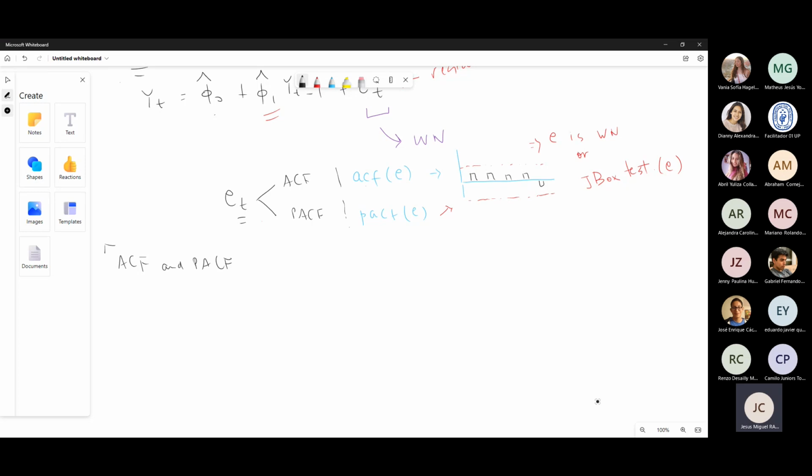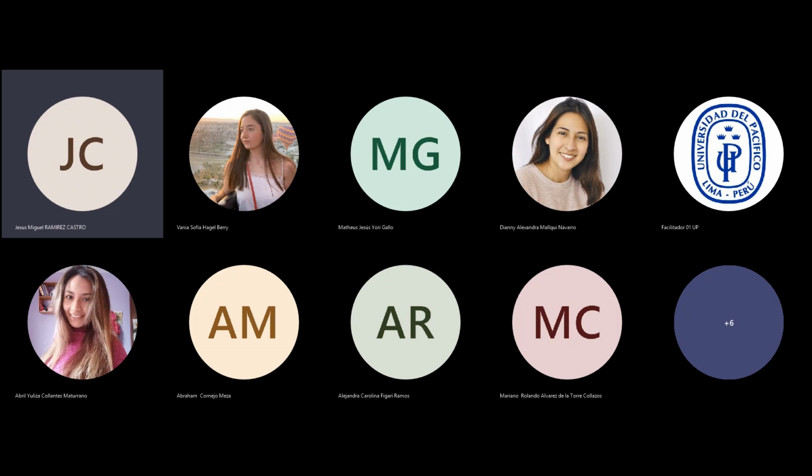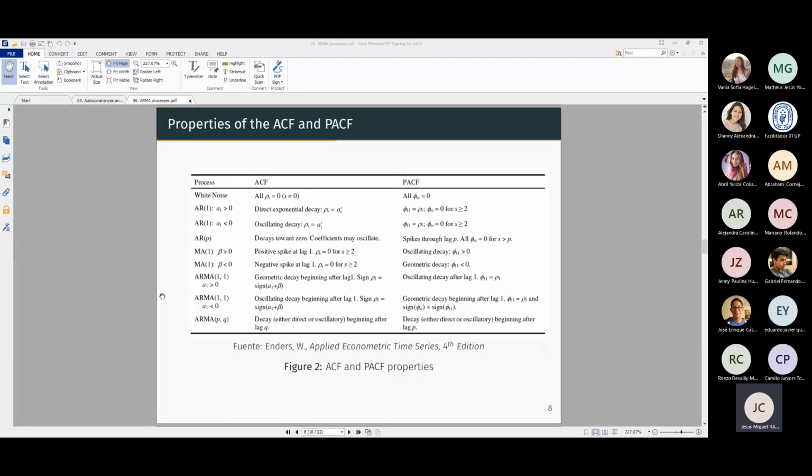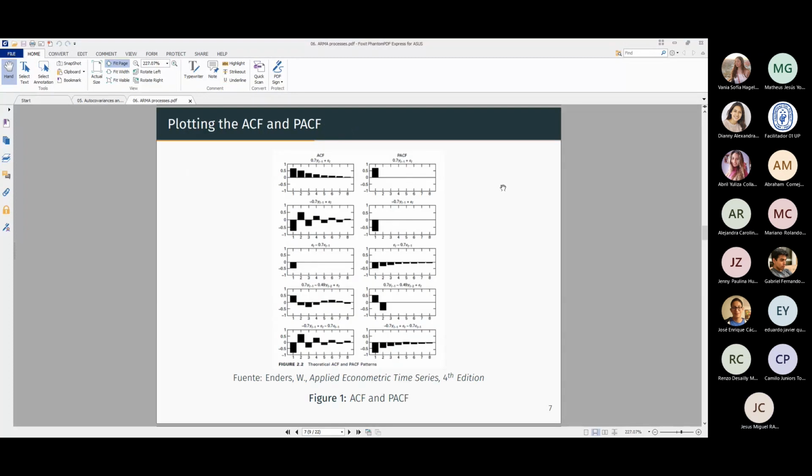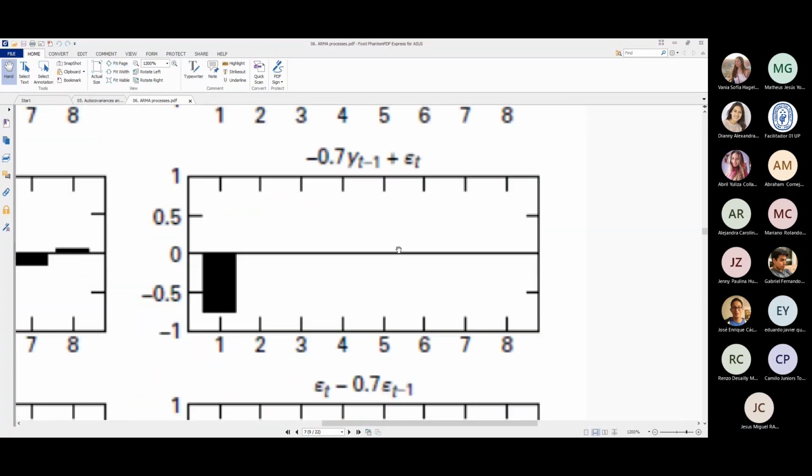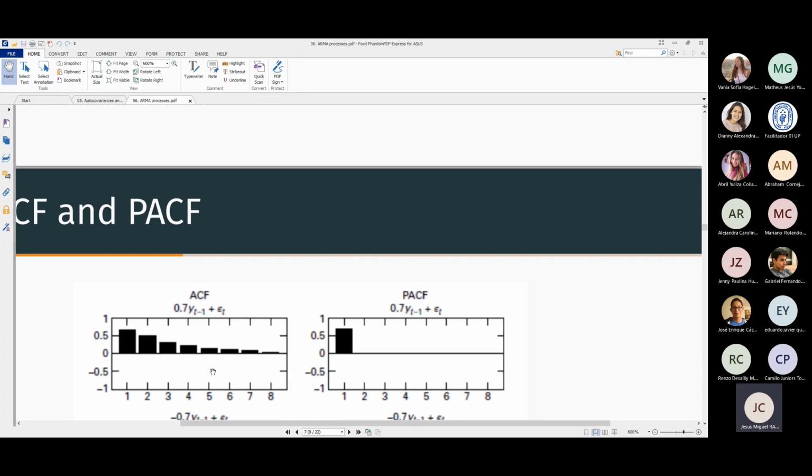Because if you have Yt and compute the ACF and the PACF, and the ACF looks like this, then you will say, okay, this time series looks like an AR1, so I will run an AR1.